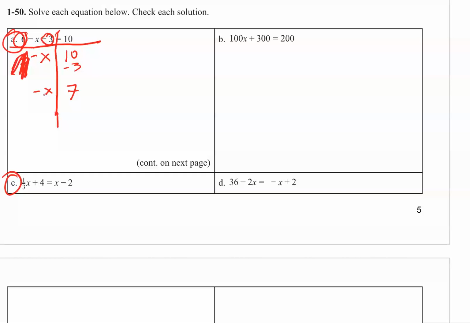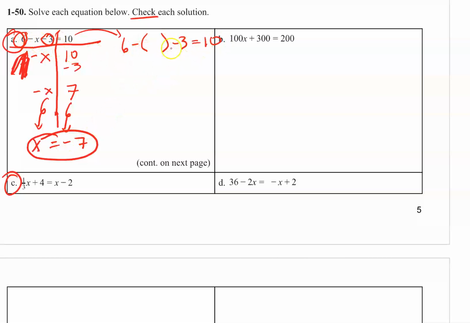Now there's a move where you can flip everything upside down. So negative x becomes normal x, 7 becomes -7. And that's the answer. You can always plug it back in to check, which it says you should do. So let's do it this time because it says so. 6 minus x minus 3 equals 10.